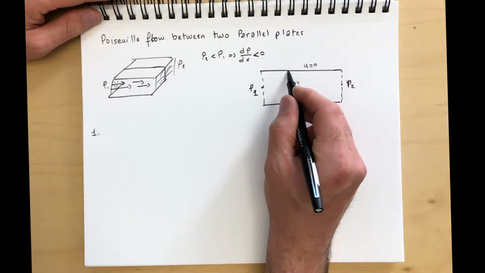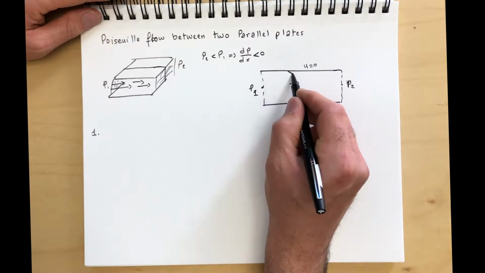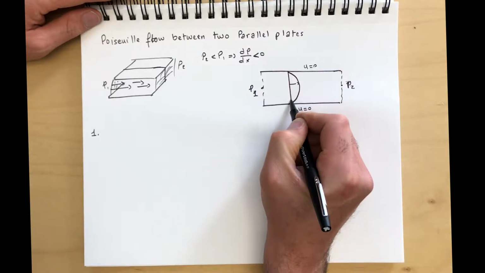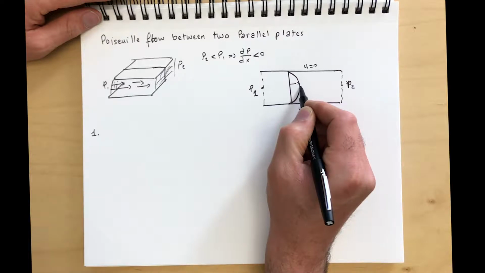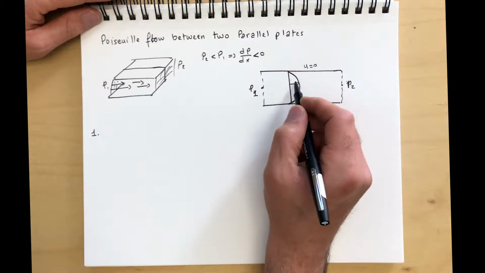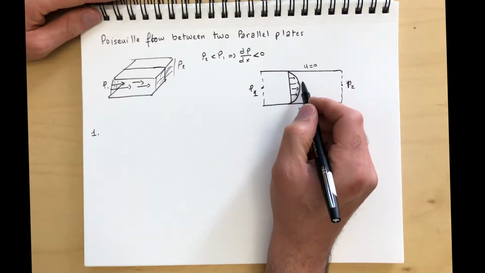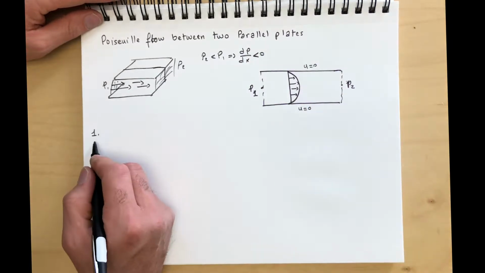And we expect the velocity profile to be kind of curved like this, because if it were linear, we would have a discontinuity in the shear stress at the center, and so therefore we would have to have some kind of smooth profile. We'll show that this profile is actually parabolic.